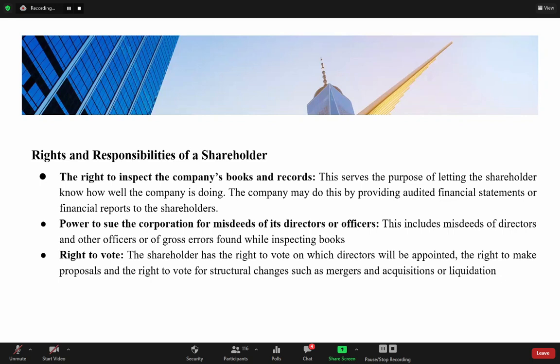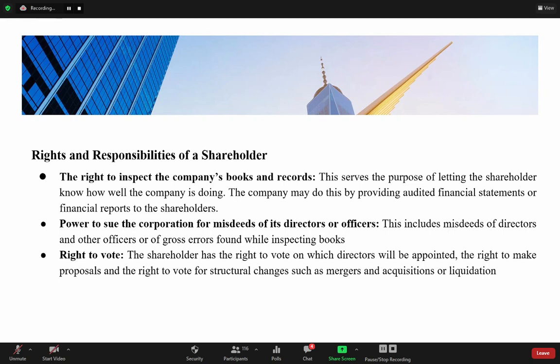The rights and responsibilities of the shareholders are the right to inspect the company's books and records, whereby as the company owner, a shareholder has the right to inspect the books and records, which lets the shareholders know how well the company is doing.